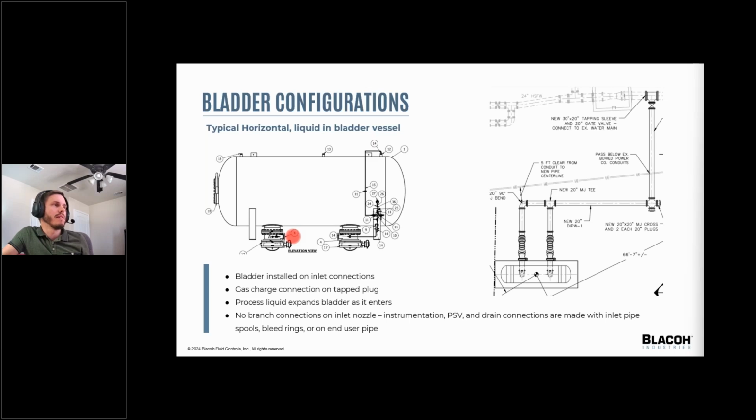A couple of other ways to do that is with bleed rings if your drain size is not too big, or you can just do that on the end user's pipe. In this one in particular, the manufacturer built the inlet spools, but that needs to be coordinated, whomever chooses to do it, because those connections are important.